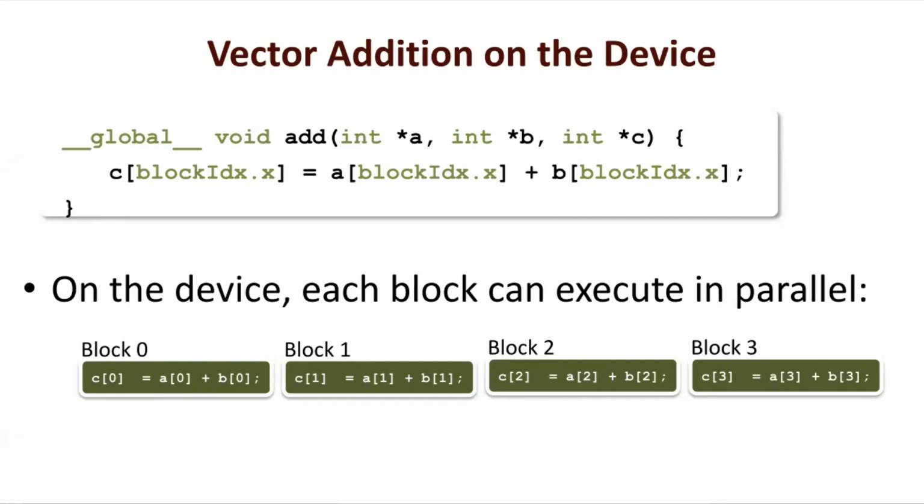And that's it. Now, its neighbor, block 1, will have a different block index.x, which will be 1. So what this CUDA core handles will be C1 equals A1 plus B1. The same goes for all the other CUDA cores. Each CUDA core will have a unique blockIdx.x value pre-assigned to it by the CUDA runtime.